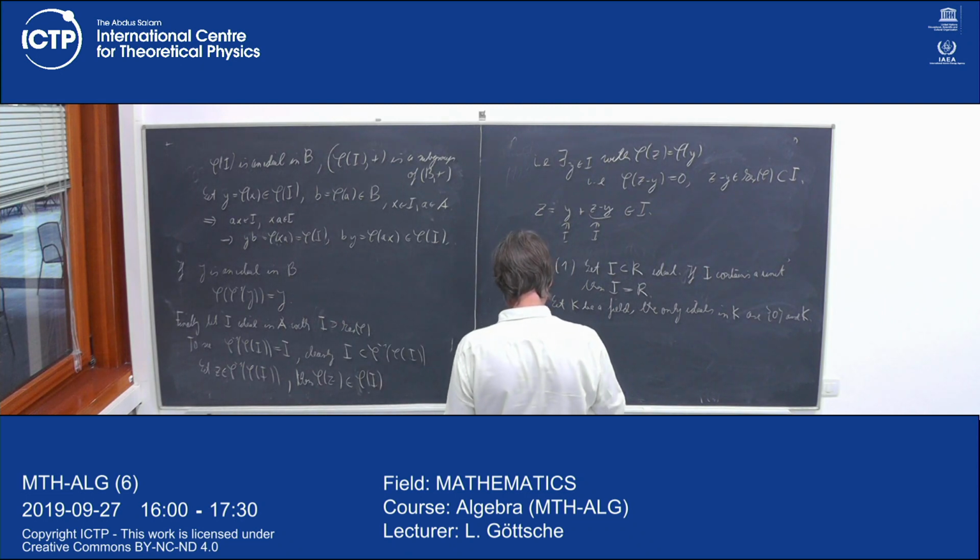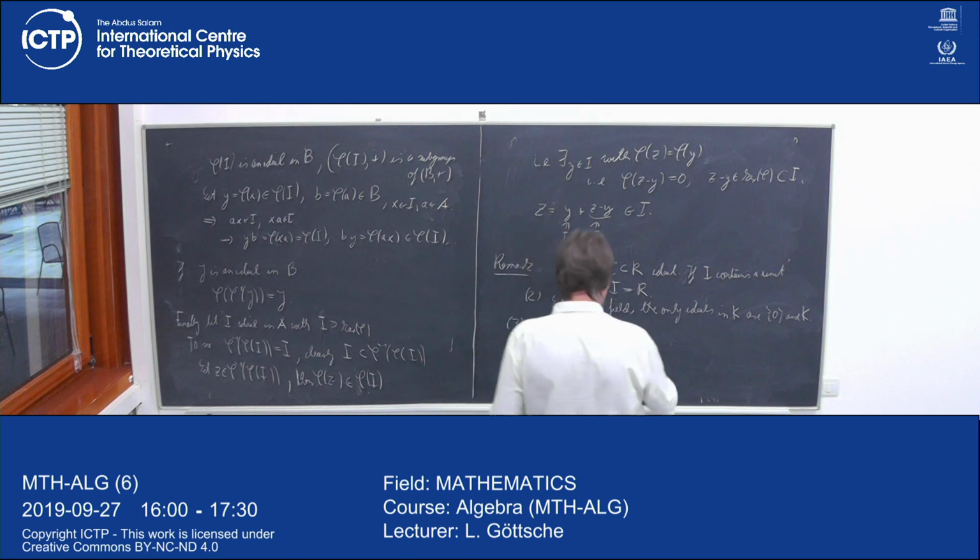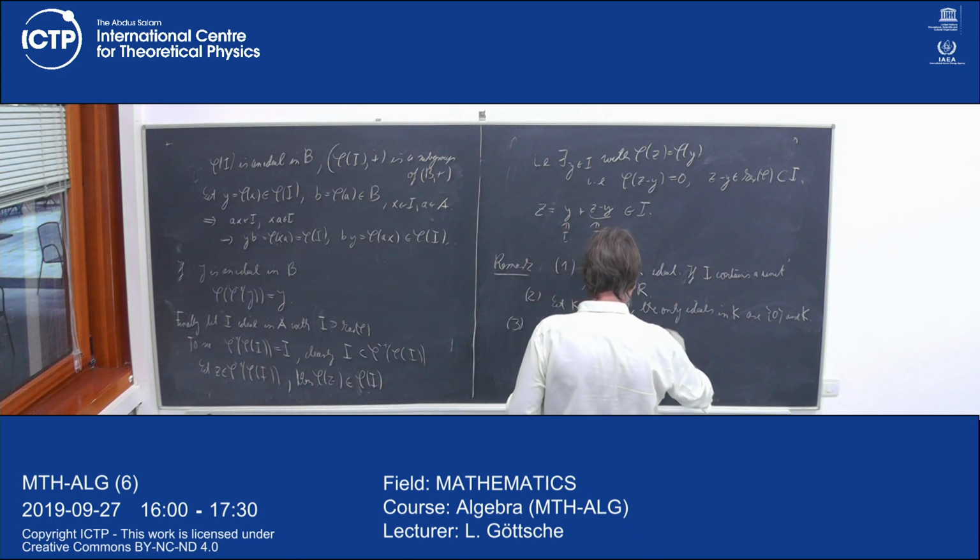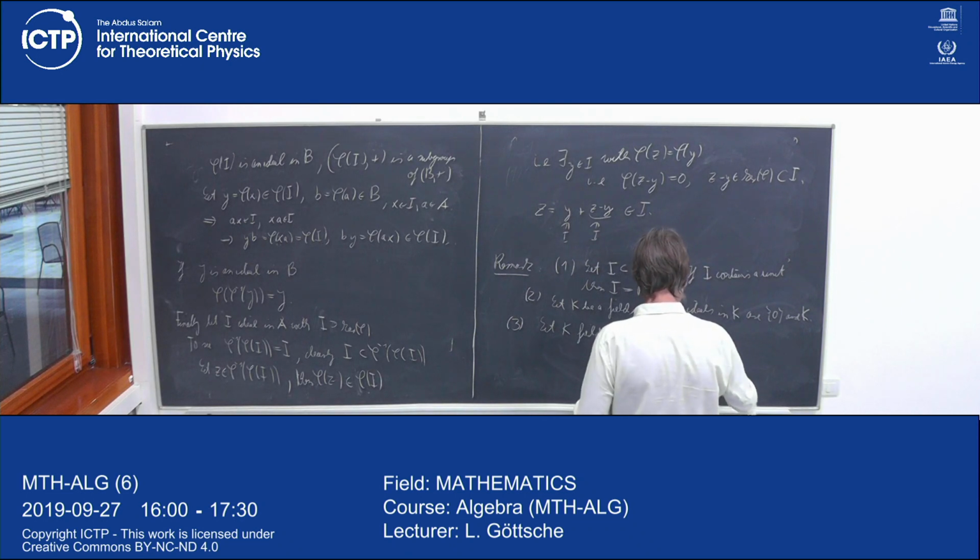So let K be a field, and phi from K to R, where R is a ring, a ring homomorphism.